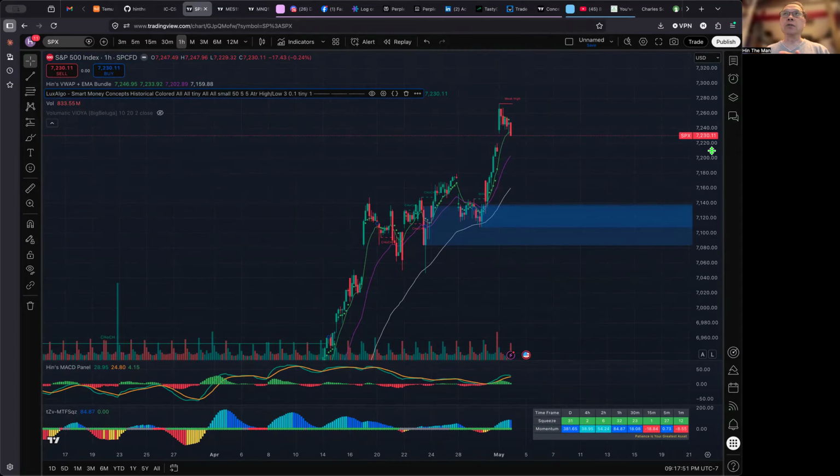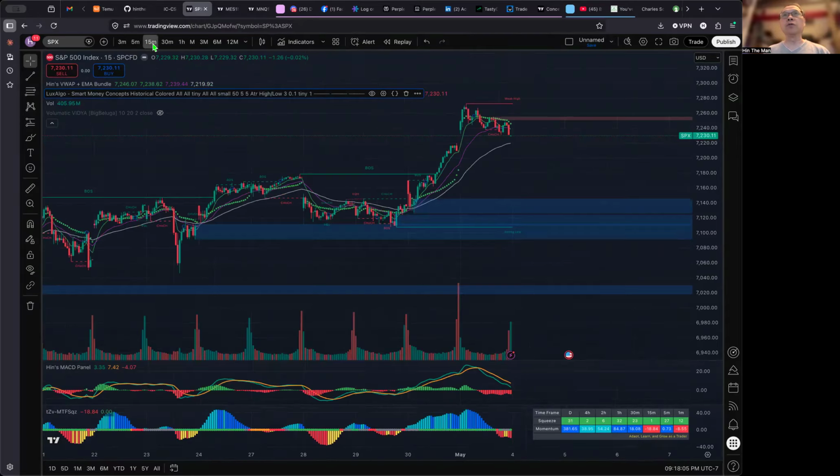People say weekly is very important because when you go weekly, the daily can fluctuate and cannot tell you the whole picture. I will get to triple screening later on, which is a really cool idea.